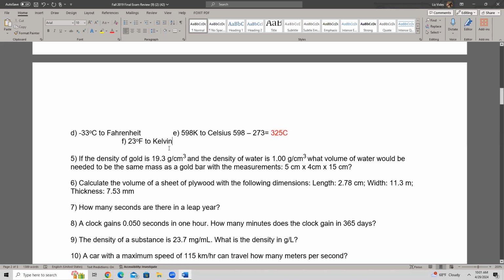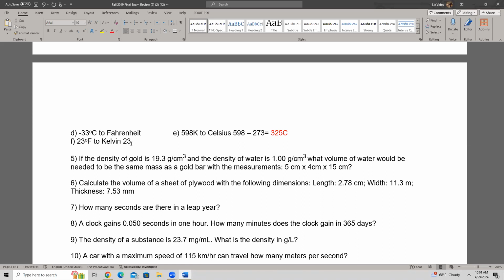And then this last one that we are also doing, which is our Kelvin. I'm just going to scoot it back here. All right, we're going from Fahrenheit to Kelvin. So there is no direct connection, so we need to change the Fahrenheit first.